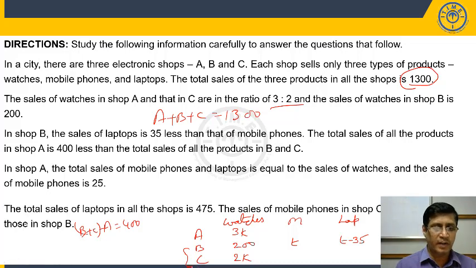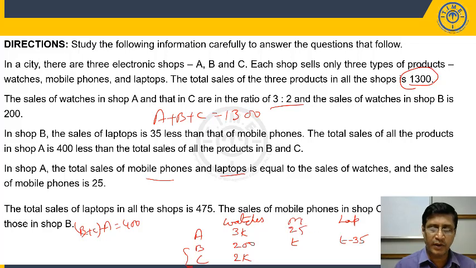Okay. Now, what is the next point? In shop A, the total sales of mobile phone and laptop is equal to the watches, and the sales of mobile phone is 25.